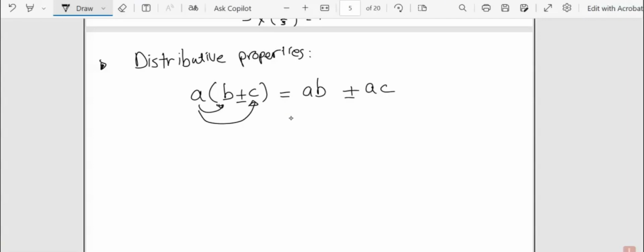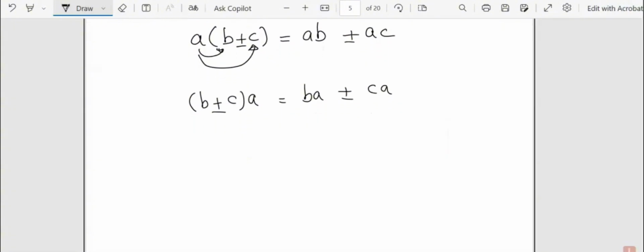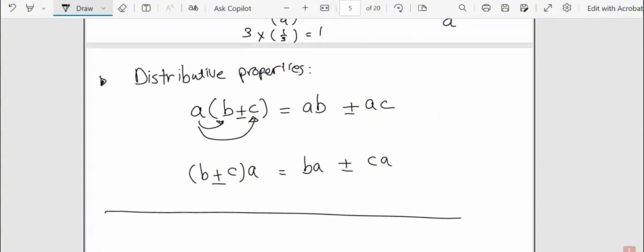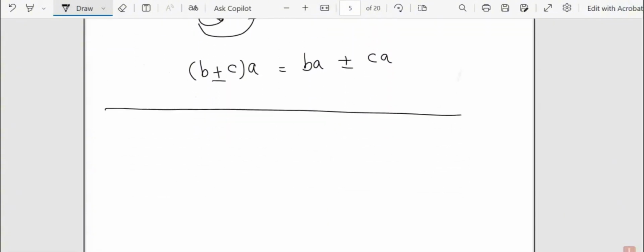And also, even if it was from the right or from the left, it will be ba, because we understood that addition is commutative, and multiplication is commutative as well. These are the basic properties.